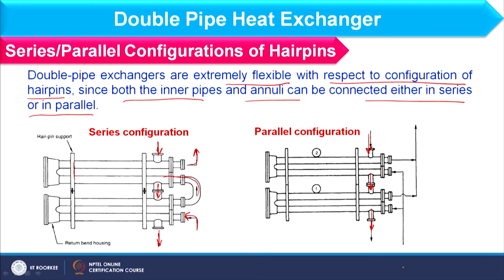And when I consider the inner pipe configuration, the flow will be divided into two sections, half will travel here and half will travel here, and then combined it will exit. So that is basically the parallel configuration. So here we consider both configurations and we can design the double pipe heat exchanger accordingly.